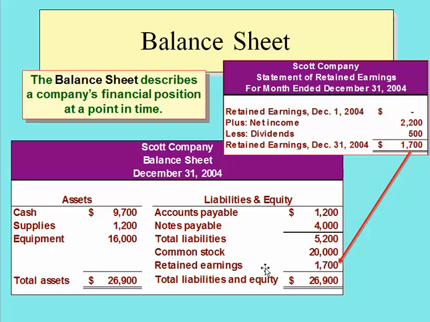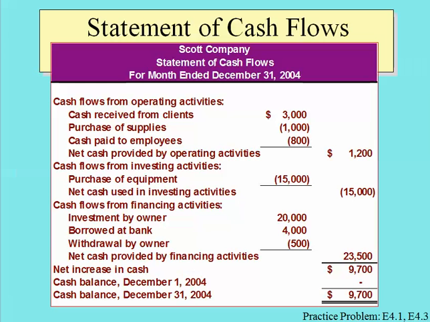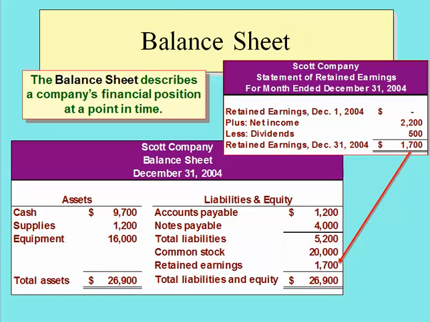So we will see $1,700 listed for retained earnings on our balance sheet, along with cash, supplies, and equipment that we calculated, and our other liabilities, accounts payable, notes payable, and common stock. And then we could prepare the statement of cash flows from that information as well. So hopefully that gives you a brief overview of the accounting process.